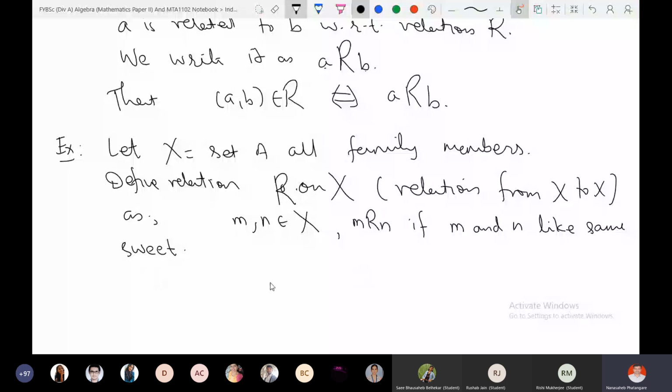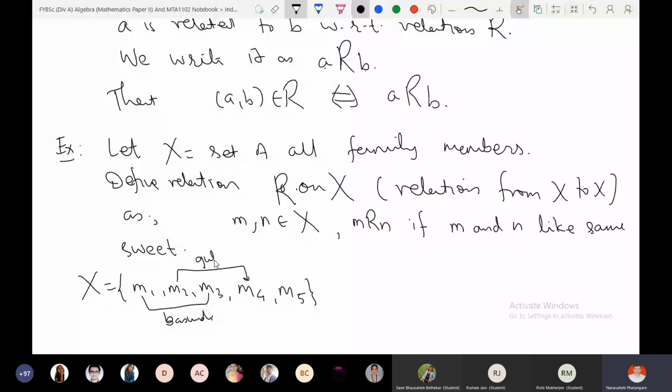Suppose in your family there are M1, M2, M3, M4 and M5, five members, whatever. Suppose these two members like Basundi, and these three members like Gulab Jamun.